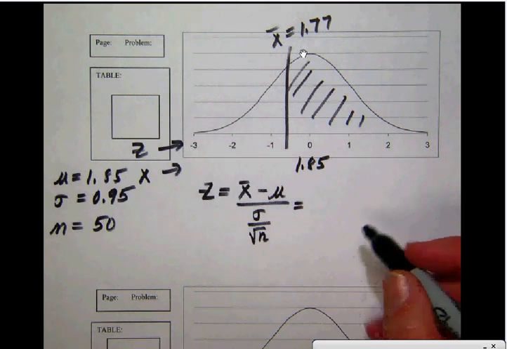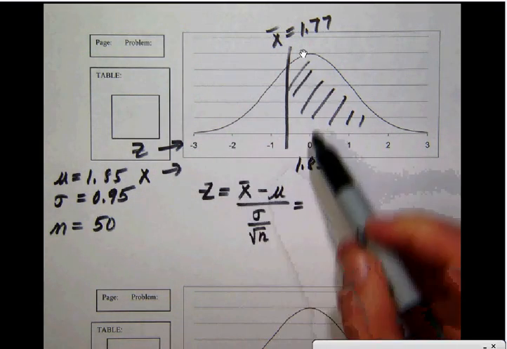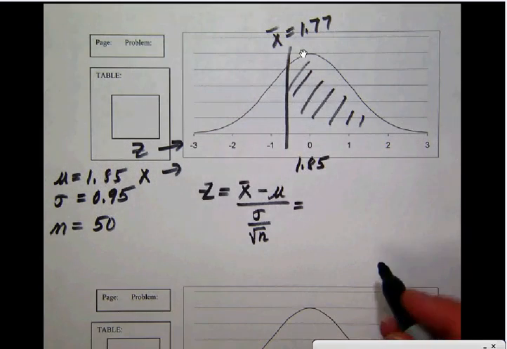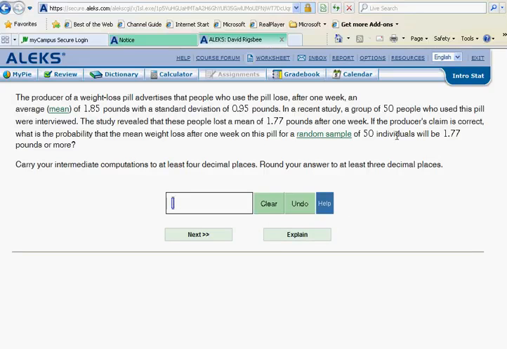And here we go. So we're going to have the formula that says x bar minus mu. X bar then is this average of the sample, average of the 50, which they tell us here in our story is this 1.77 value. So it says right here, the random sample of 50 individuals will be 1.77. This is their mean weight loss, 1.77 pounds or more.